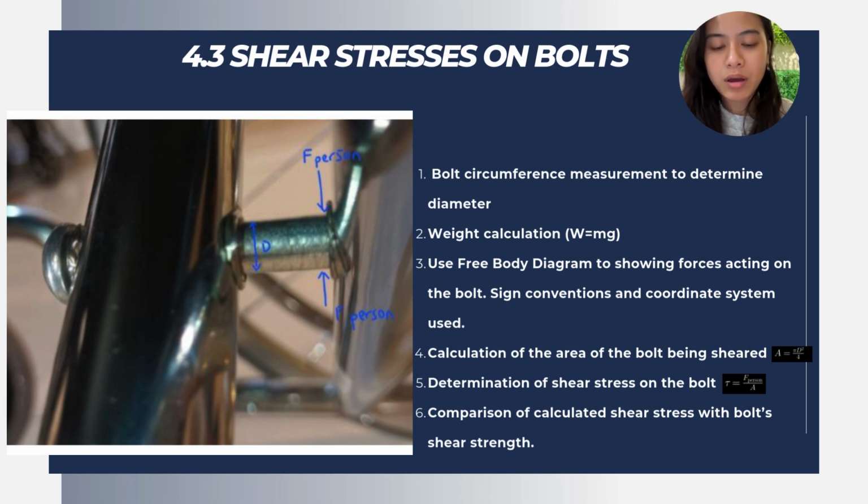Next, calculation of the area of the bolt being sheared with the formula A equals pi D squared divided by 4. Next, determination of shear stress on the bolt with the formula tau equals F divided by A. And lastly, comparison of the calculated shear stress with the bolt's shear strength.